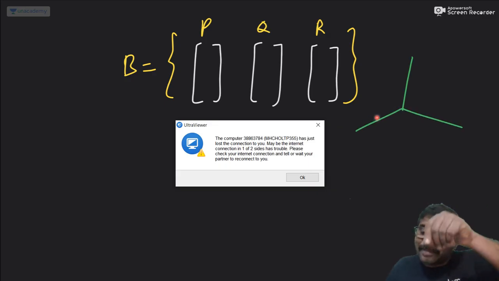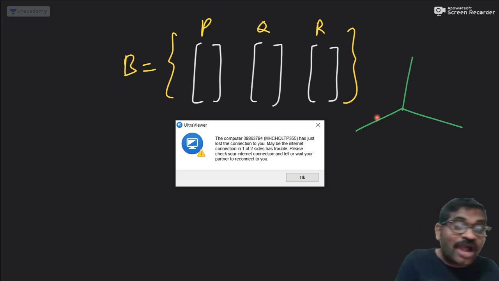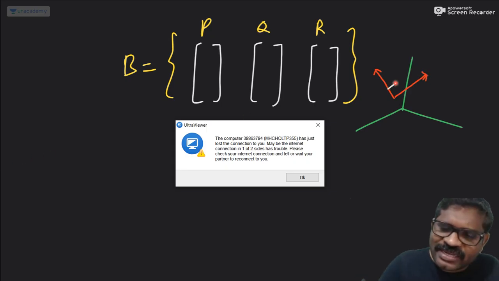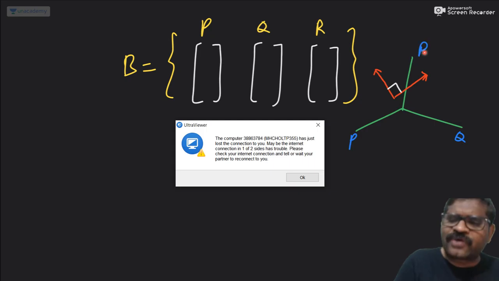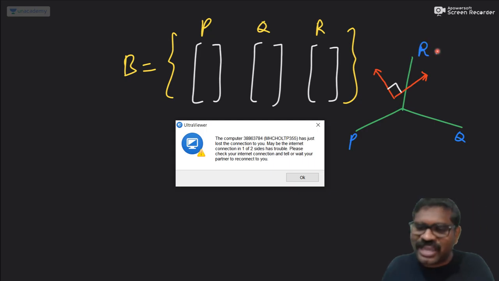In that three-dimensional space, what are the set of orthogonal vectors? Our job is to identify these orthogonal vectors. Suppose PQR forms one three-dimensional space.